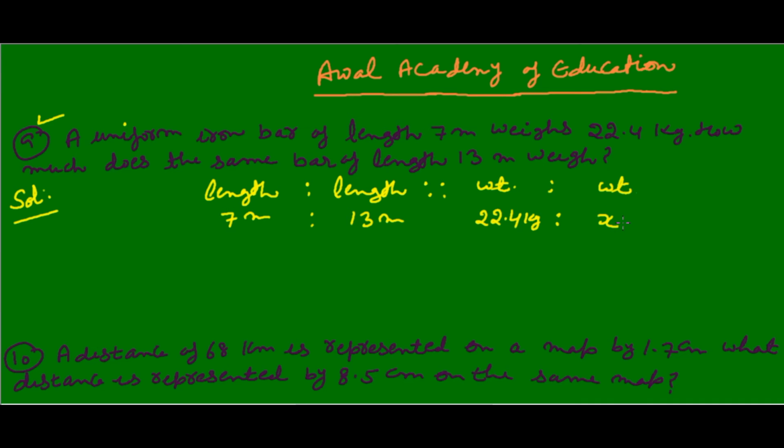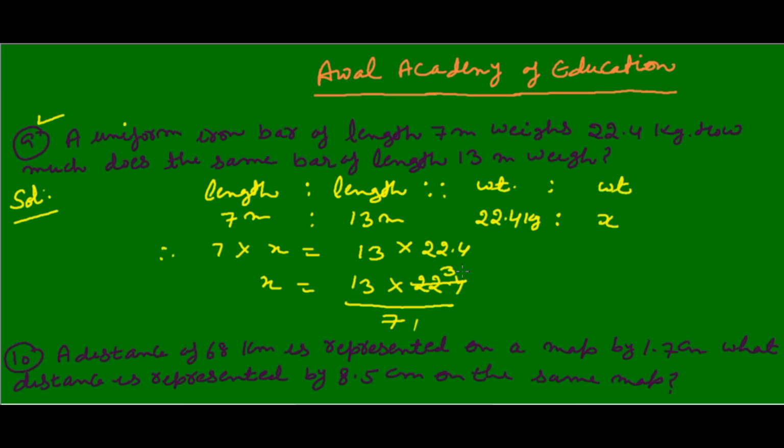Therefore product of extremes, 7 multiplied by x is equal to product of means, 13 multiplied by 22.4.